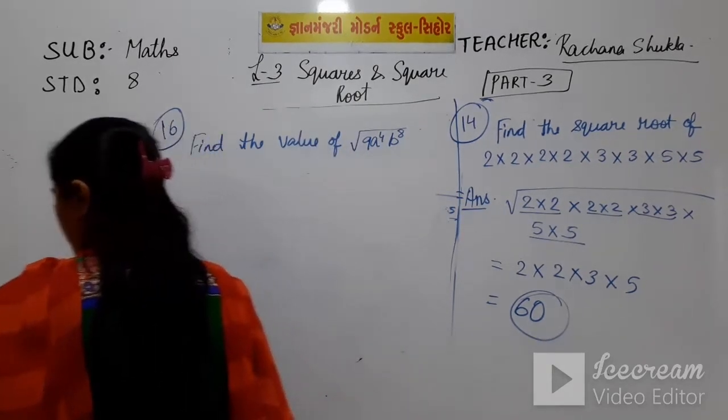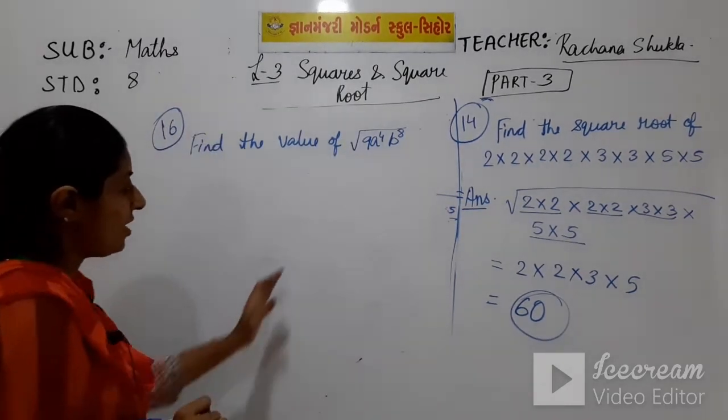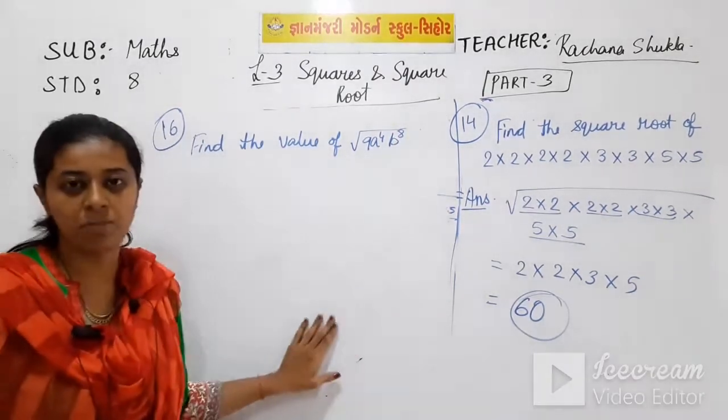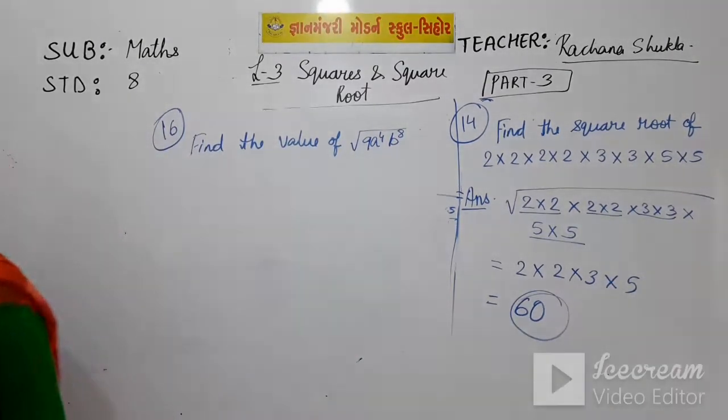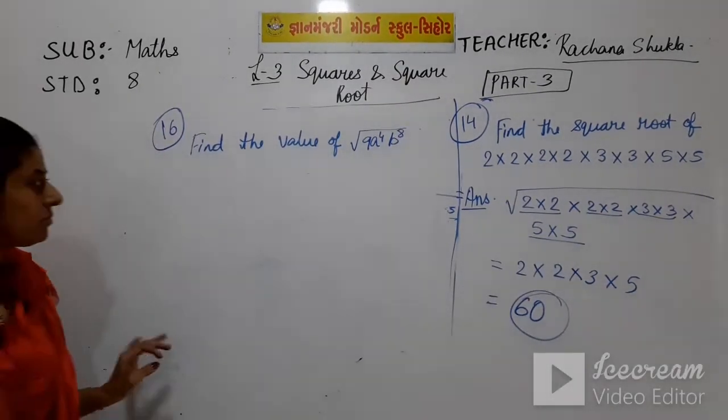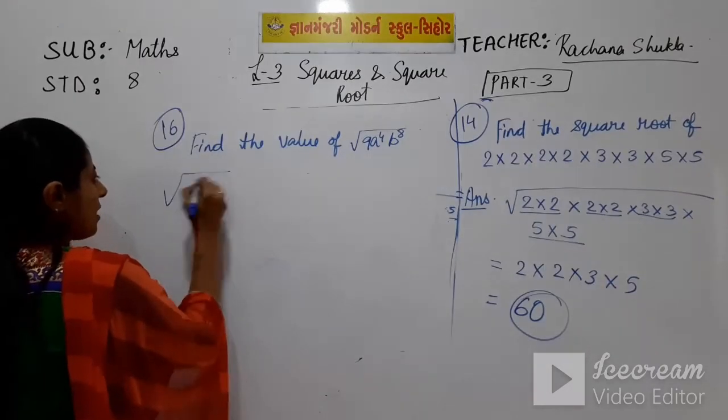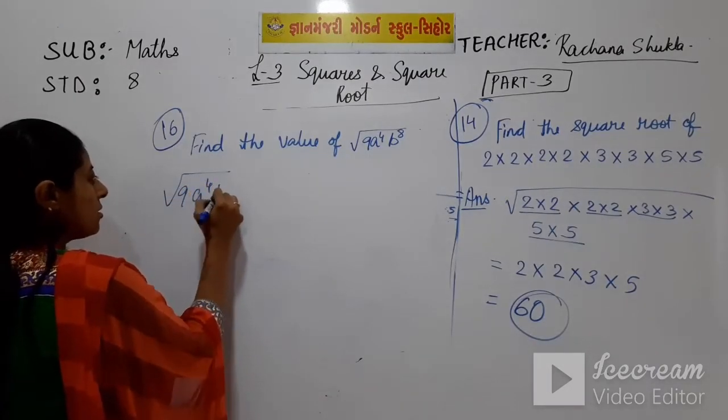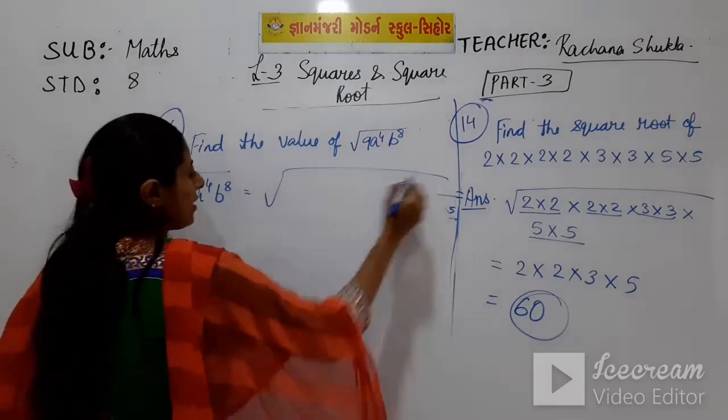So what will you do with this? A to the power 4 and b to the power 8. So starting with the sum, first write down the question like this way, then elaborate.